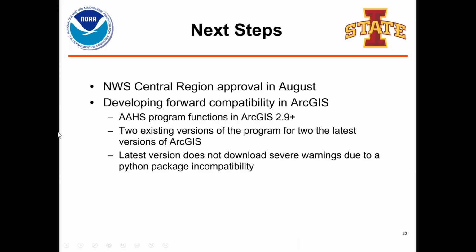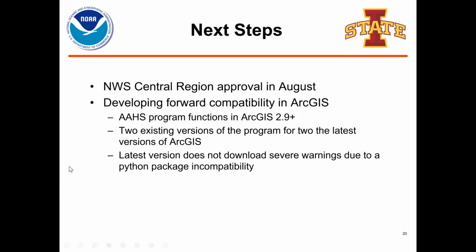So going from here, the NWS Central Region approved the program back in August, and it can now be distributed to offices across the Central Region. Towards the end of my project, we were also working on developing for compatibility with ArcGIS.